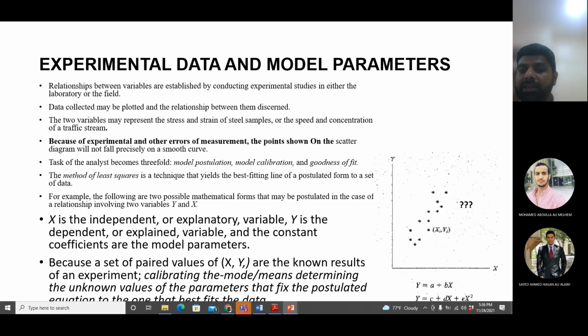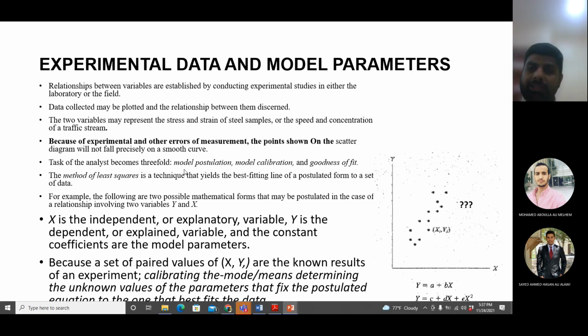Is it a linear relationship? Is it an exponential relationship? Is it a logarithmic relationship? Or is it a relationship of a higher degree, for example, second degree or third degree? Between x and y, you can have this equation or maybe this one as well. So what type of equation will best represent the relationship between x and y? That is what we call model postulation.